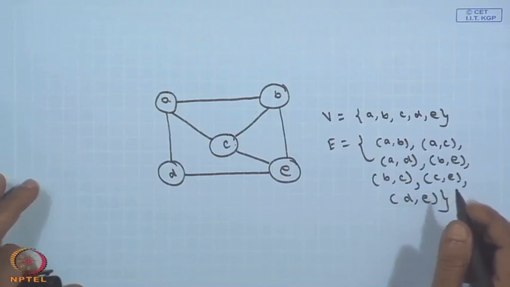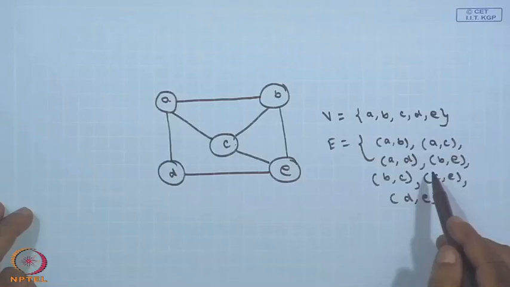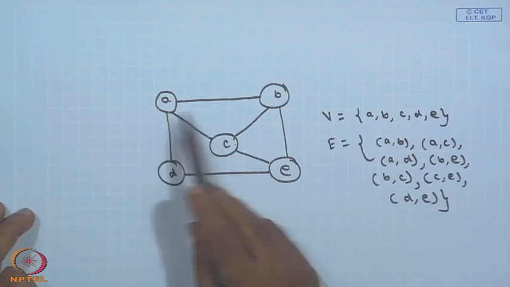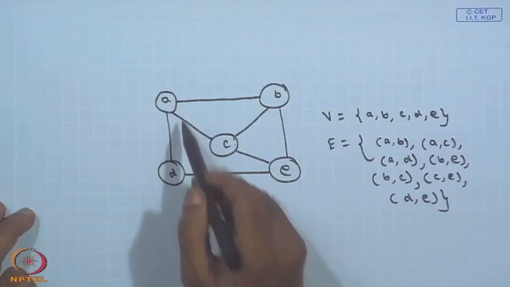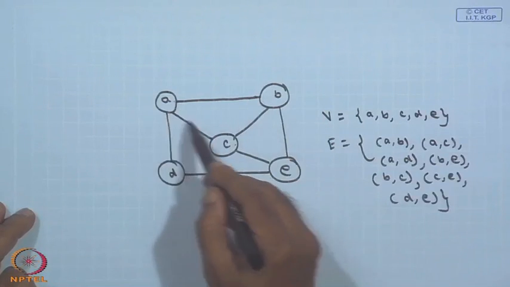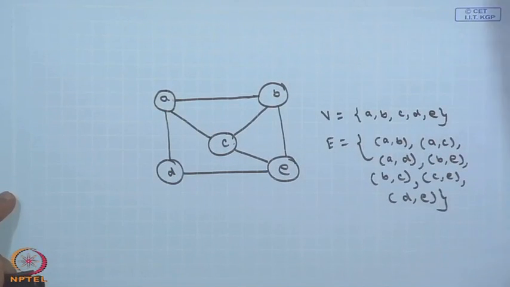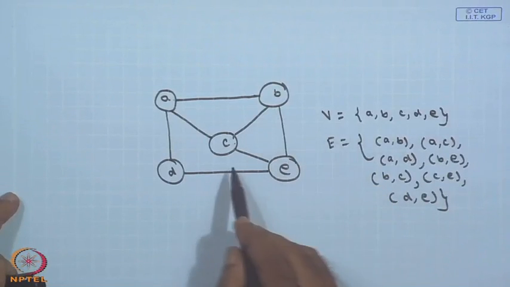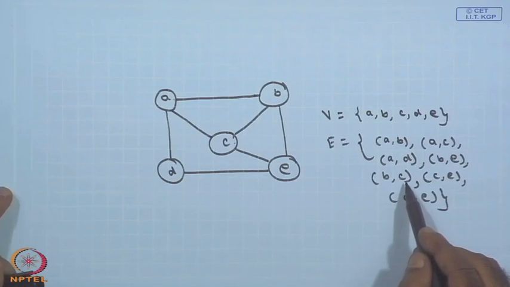If you see the figure, G equals (V, E), where V is the vertices A, B, C, D, E, and the edges are A to B, A to C, A to D, then B to C, B to E, D to E and C to E. B C is not written twice, it comes only once.